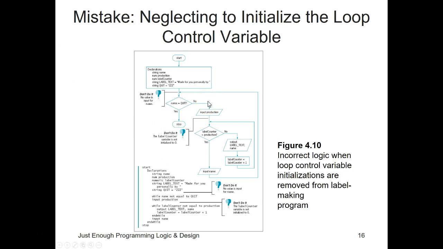So here's an example of one where there's some incorrect logic. Here we have all these declarations. There's a label and there's a string that says quit. So when you type ZZZ, that program sees that as a Sentinel value and says, oh, I'm going to quit. So in theory, we get this value here and it's going to quit, right?